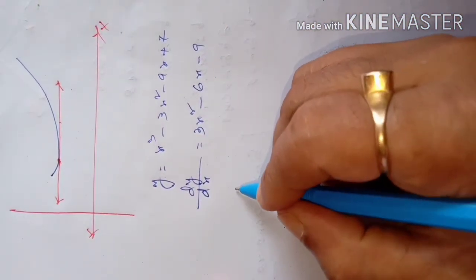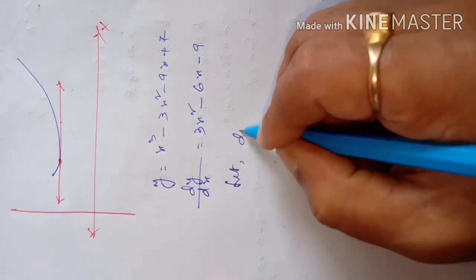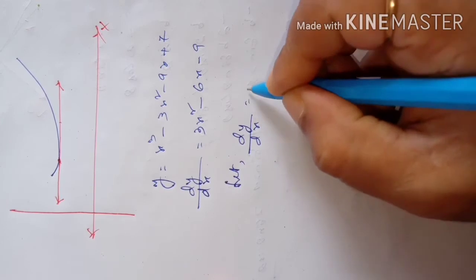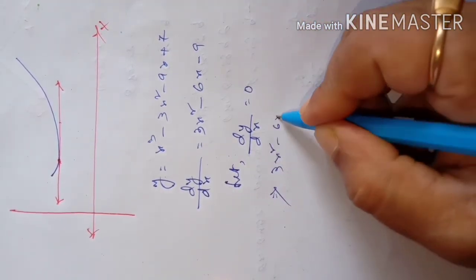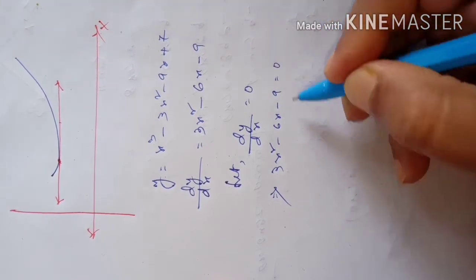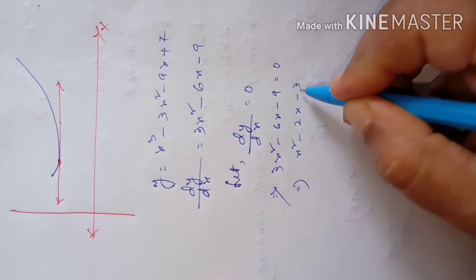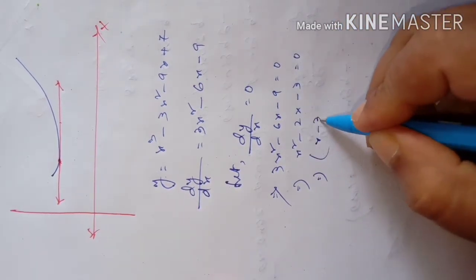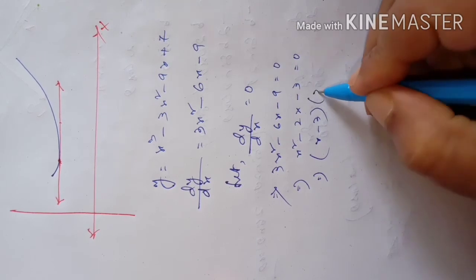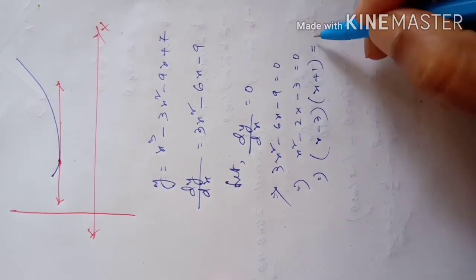Let dy by dx be equal to 0. Then we will get 3x square minus 6x minus 9 is equal to 0. From here we get x square minus 2x minus 3 equal to 0. By splitting the middle term, x minus 3 into x plus 1 is equal to 0.